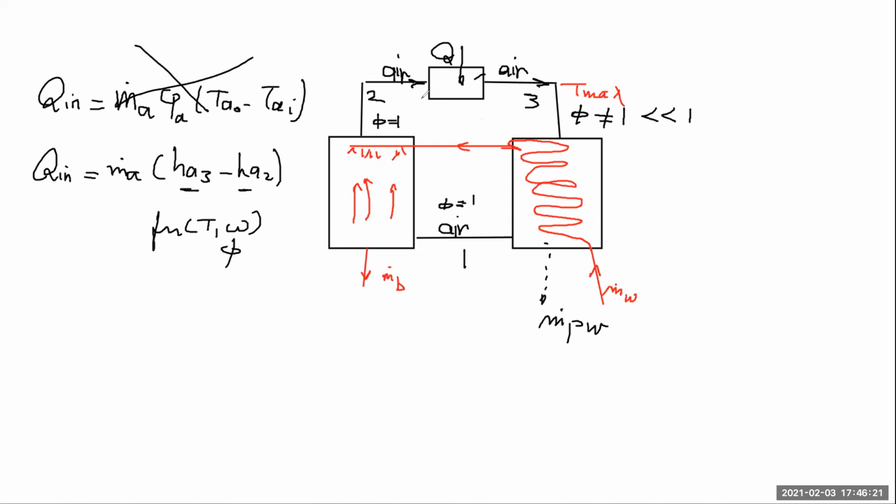And what we notice, just to link between the different states of the unit, is that omega 2 and omega 3 are equal. Linking state number 2 to state number 3 is done through the same humidity ratio. Why the same humidity ratio? Because inside the heater there is sensible heating only.